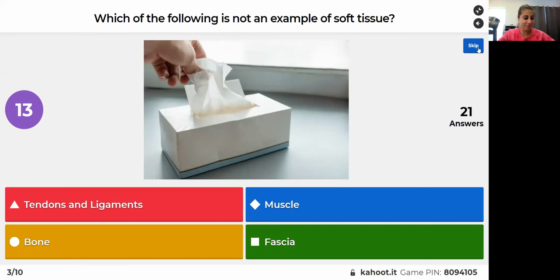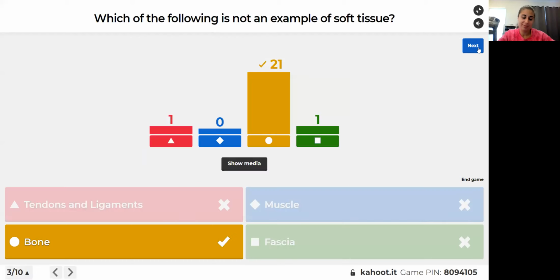Hope you like my joke. Good. Bone is not a soft tissue.